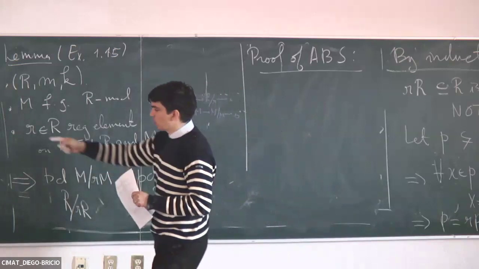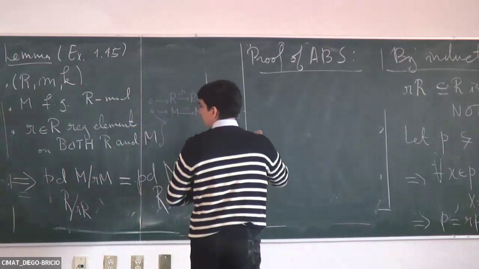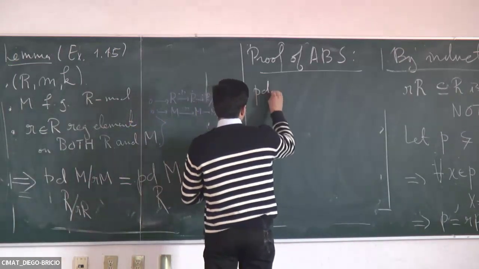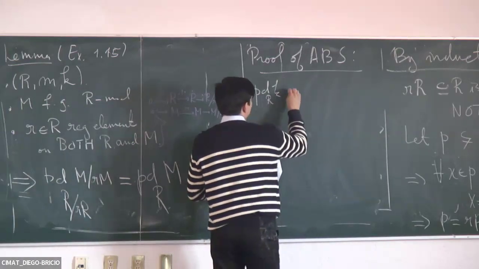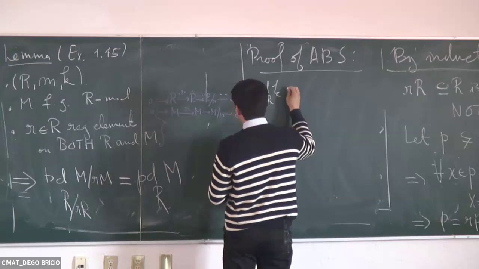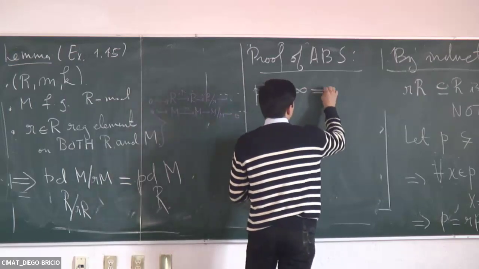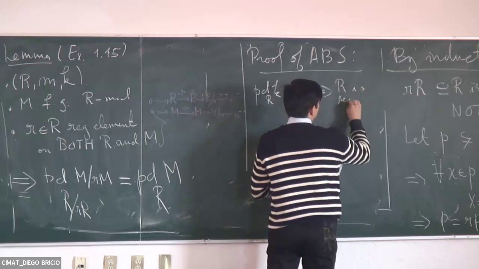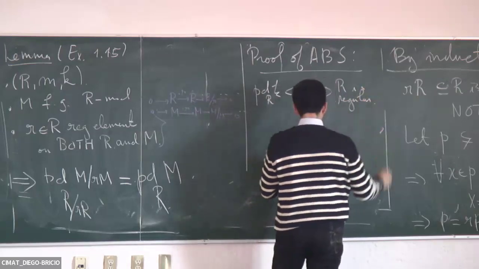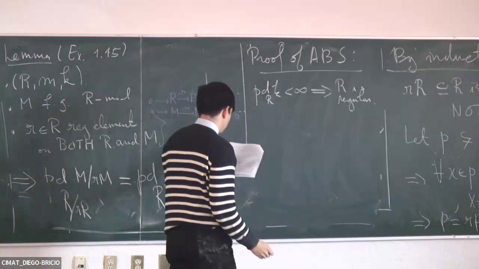Well, I only need to tell you why C implies A, right? So we want to prove that, this is the hard part. If the projective dimension of the residue field is finite, then R is regular. That's the hard part here.